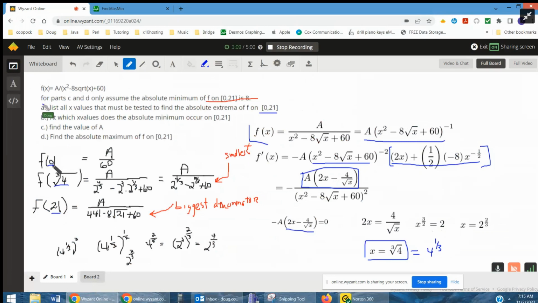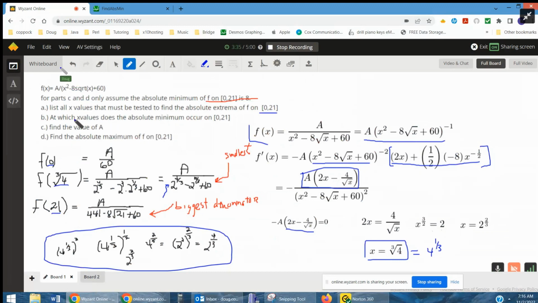And if I find f of those values, I get expressions that look like this. A over 60, a over this, which down here I have some little scrap paper work where I wrote these as base 2. The point is that the bigger the denominator, the smaller the y value.